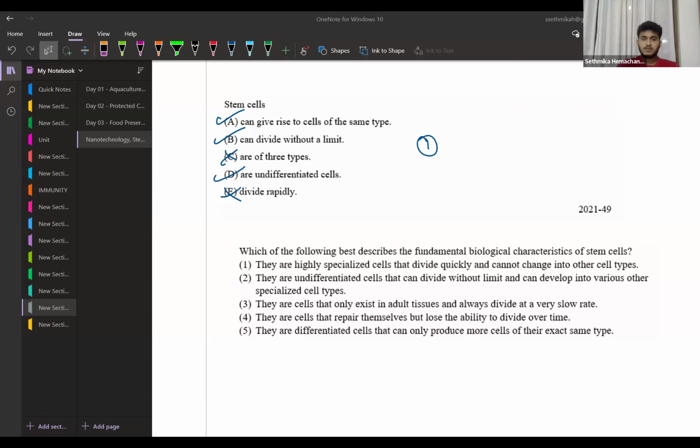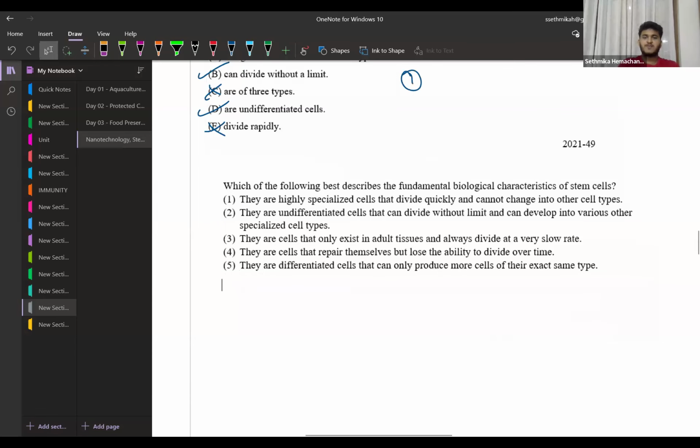Which of the following best describes the fundamental biological characteristic of stem cells? They are highly specialized cells that divide quickly? They are undifferentiated cells that can divide without a limit and can develop into various other specialized cell types. Yes, that is the definition. These are cells that only exist in adult tissues? No, even embryos have them. They are cells that repair themselves but lose the ability to divide over time? No, that's wrong. They can divide indefinitely. They are differentiated stem cells that can only produce more cells of their exact same type?